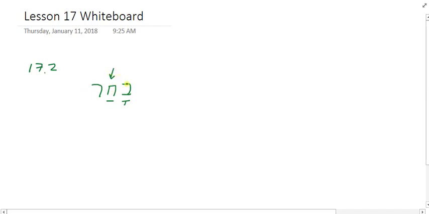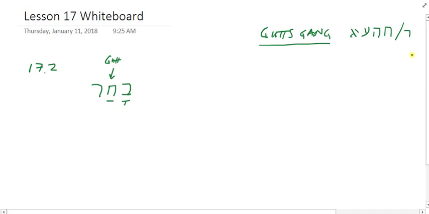And so, what do you see about bahar? This second root letter is what kind of a letter? It's a guttural. So remember our gutturals. What are the consonants in the guttural gang? We have aleph, ayin, hey, chet, and resh. Okay?